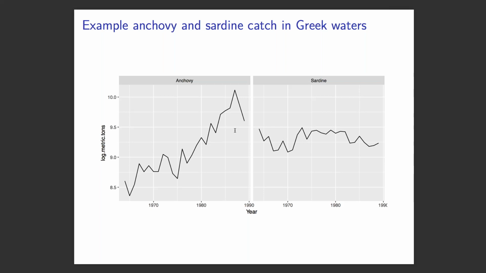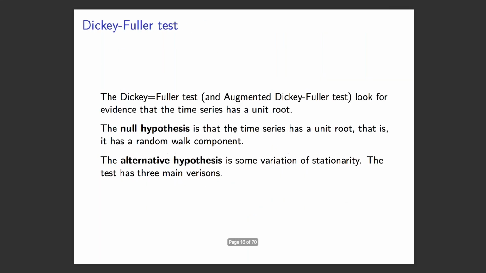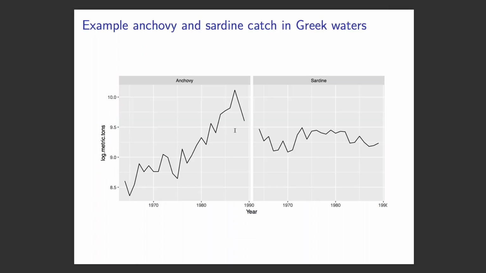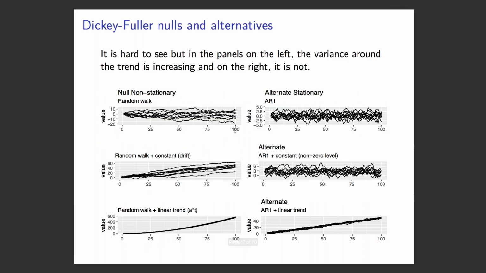What it's saying is that these data don't look statistically enough like stationarity for us to reject the null hypothesis. And the null hypothesis, remember, is a random walk. So the test can't distinguish this right here from a random walk with a constant. That's basically what it's saying. You can't distinguish it from this.